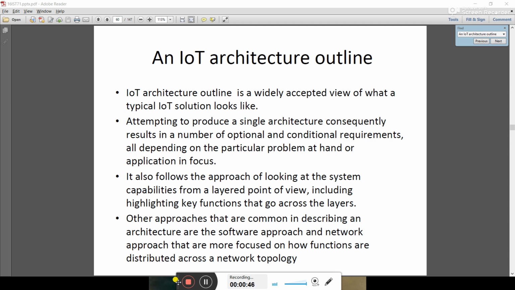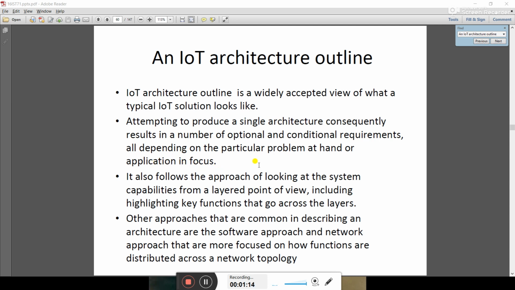Attempting to produce a single architecture consequently results in a number of optional and conditional requirements, and these all depend on the particular problem at hand and the application in focus.